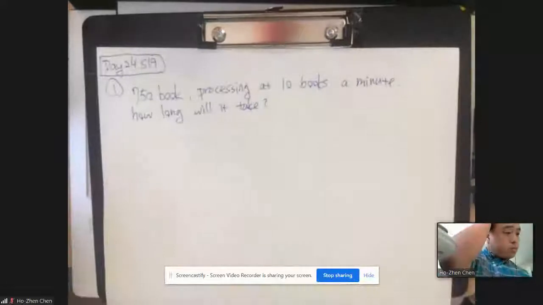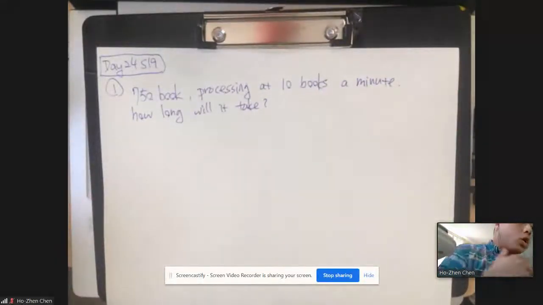If you want to go down the scenario, you can definitely take 10 books off out of 750 each minute and see how many times you need to take 10 off to reach the target number 0.